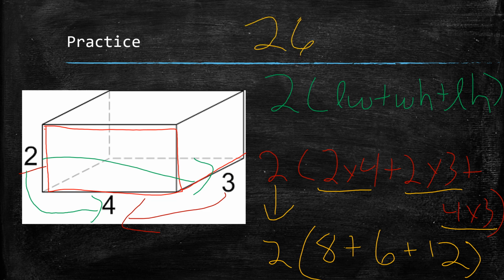So I have 26 times 2. And this problem is going to equal 52, and we don't have any measurements on it, so I'm just going to call it units. 52 units squared, and that's what it is.